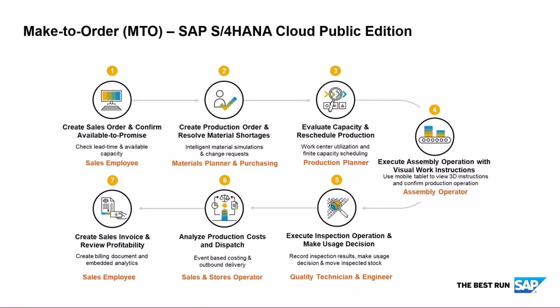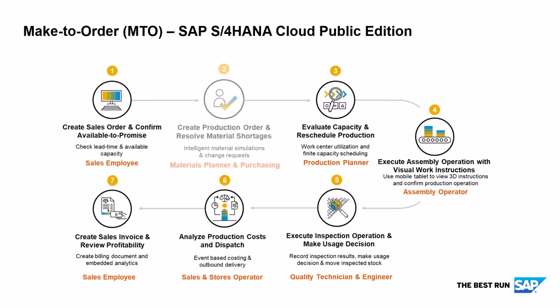So in summary for this demo, we started with the sales employee creating a sales order and using advanced available to promise to check the lead time and the available capacity. We then moved on to the material planner who created the production order and used the MRP to resolve a material shortage. This resulted in a change request, where purchasing carried out an approval and followed up the goods receipt.